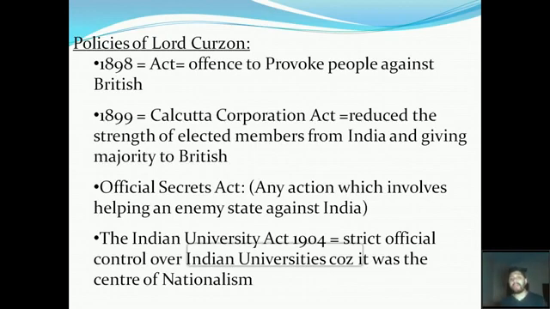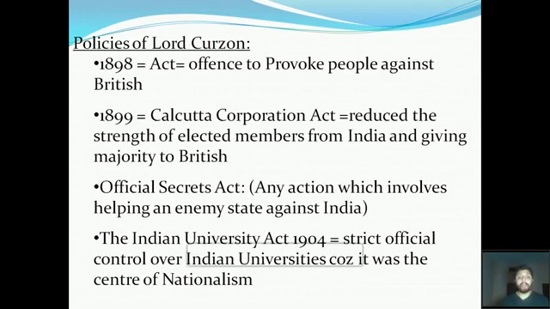Early nationalist leaders were thinking that by appointing more Indians in these kinds of legislative councils, they could change the events happening in India. But because of the Calcutta Corporation Act 1899, the number of Indians in the corporation was reduced. So it was another act introduced by Lord Curzon.